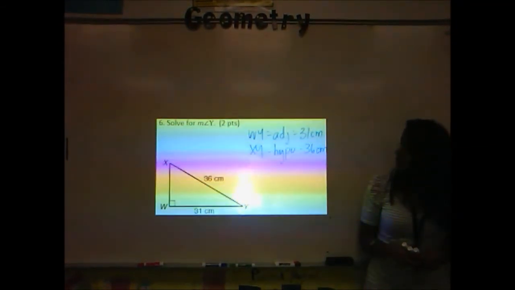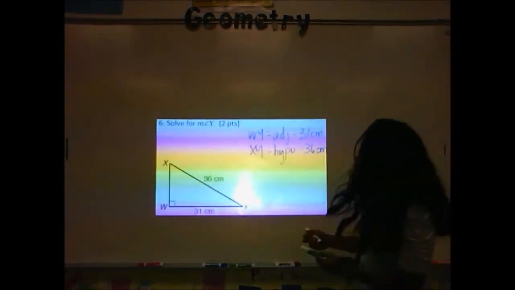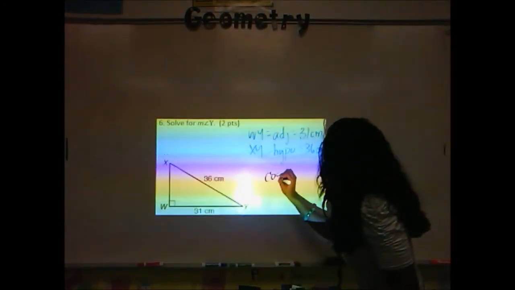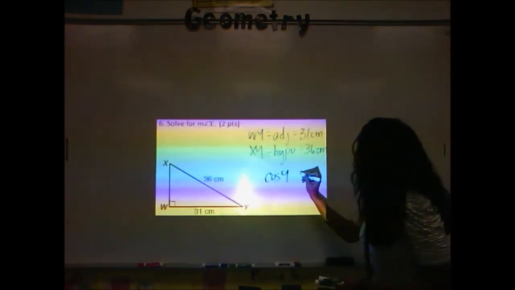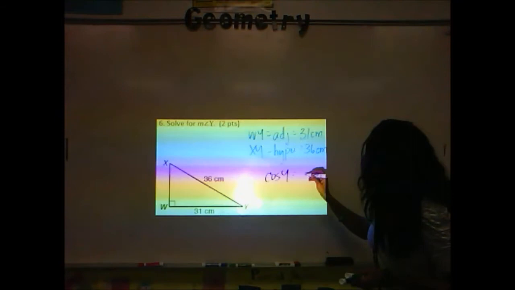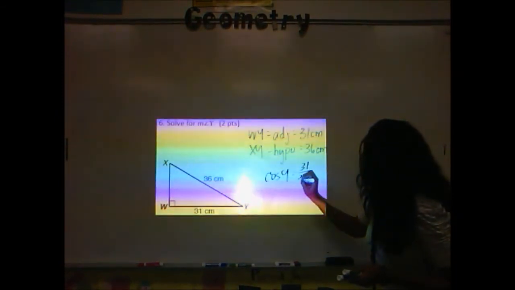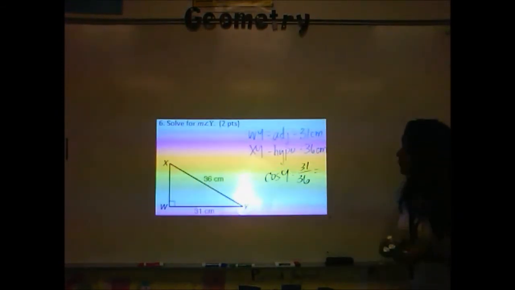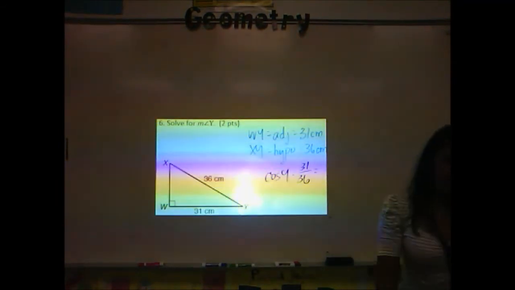Cosine. Cosine of y is going to be adjacent over hypotenuse, so 31 over 36. Type that in and tell me which decimal you get. 31 divided by 36.